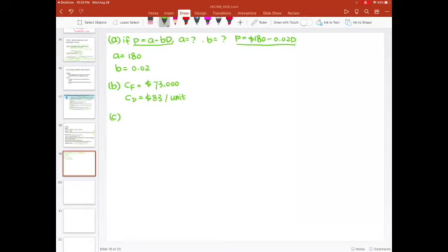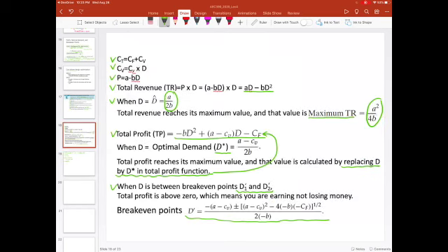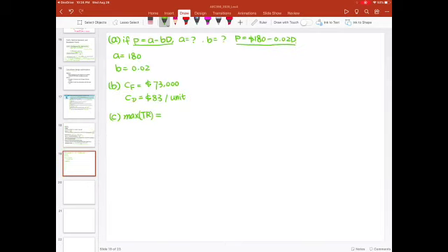Okay, question C. What is the maximum total revenue? Max TR. What is that? Based on the function formula, we know maximum total revenue is here, right? So it's A squared over 4B.